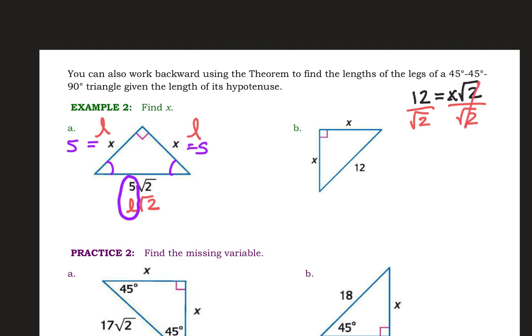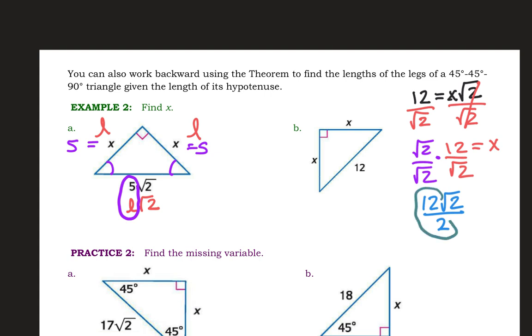So now I have x equals 12 divided by square root of 2, right? We can't have that square root at the bottom, so what do we have to do? Multiply, good. Square root of 2 over square root of 2. The bottom just becomes 2. The top I'm going to rewrite as 12 square root of 2. Is there anything else we can do here? Yes, the 12 and the 2 can be reduced. So what's 12 divided by 2?